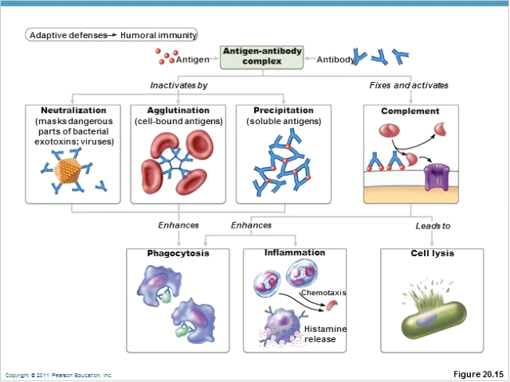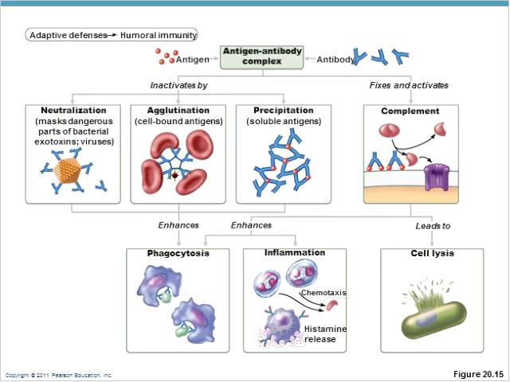This talks about all of that process right here. What you're seeing here is really a graphic of the various responses that the adaptive defenses, humoral immunity, that the antigen-antibody complex produces.